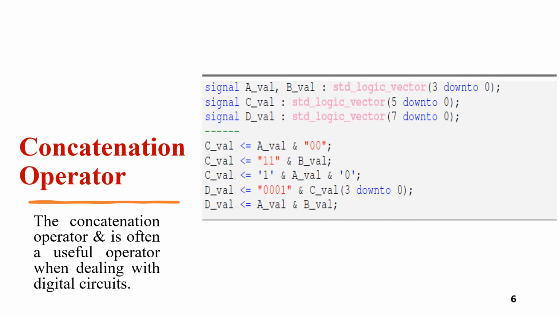In this example, C_val is assigned by concatenating 2 bits from the right of A_val, or C_val is assigned by concatenating two ones from the left of B_val, or concatenating one bit from the left and one zero bit from the right. We can calculate the D_val signal.